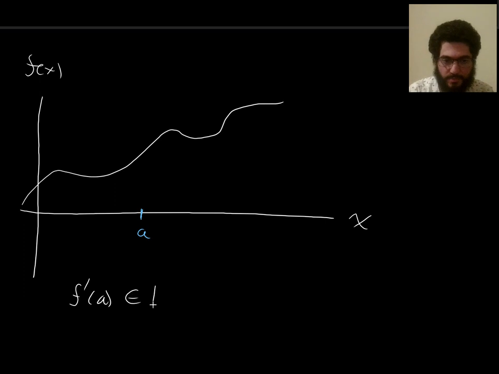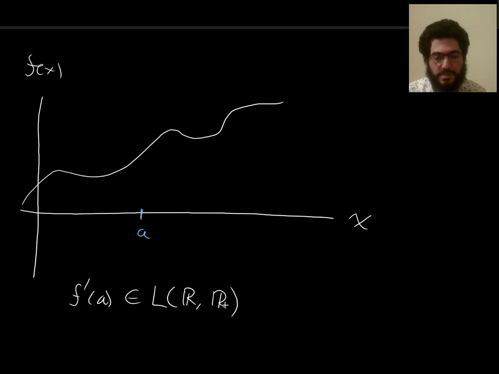So f prime of a will be a linear map from R to R, right? What does it mean for a linear map from R to R to be invertible? Well, linear maps from R to R are in correspondence with just real numbers. And the correspondence is that a linear map from R to R has the effect of just scaling by some number.